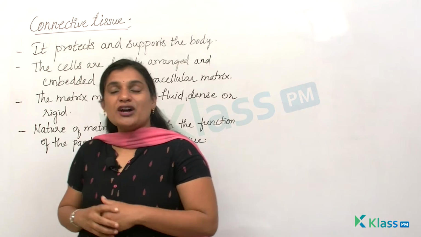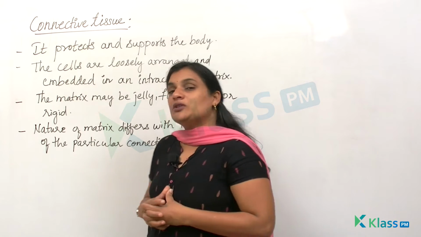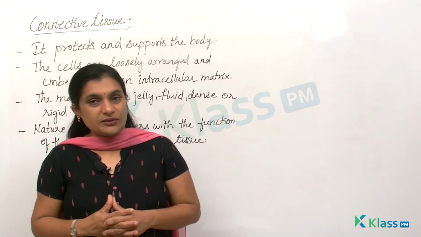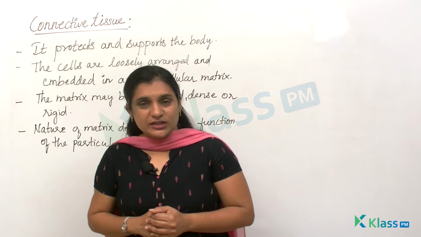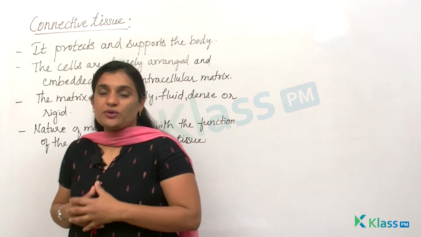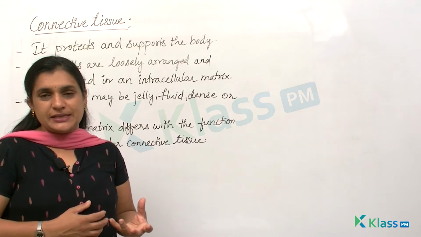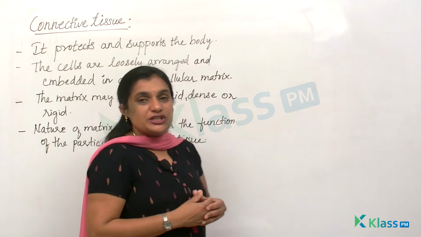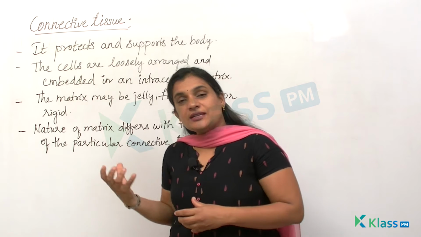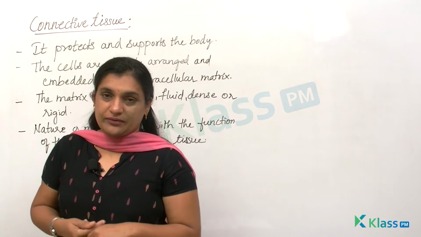The nature of the matrix differs depending upon the function of a particular connective tissue. There are different types of connective tissues, where each type has different types of cells with matrix present in it, and this matrix varies according to the nature and function of the connective tissue.